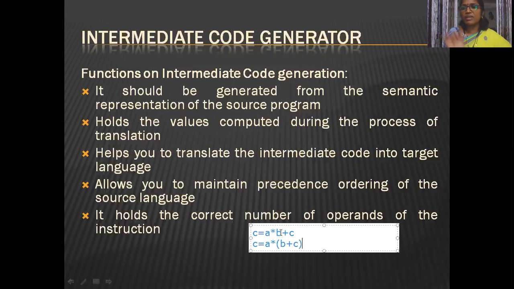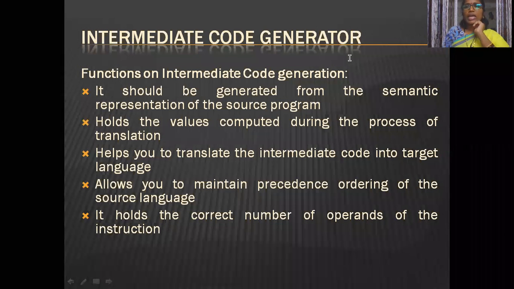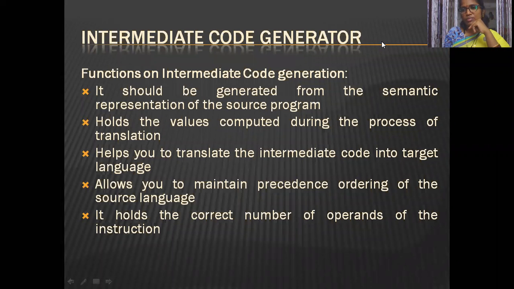The parenthesis gives the highest precedence over other operators. So the intermediate code generator allows you to maintain the precedence ordering of the source language.